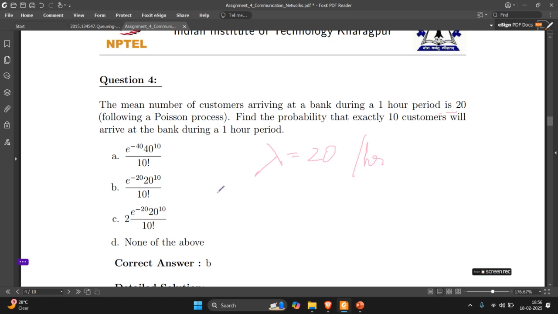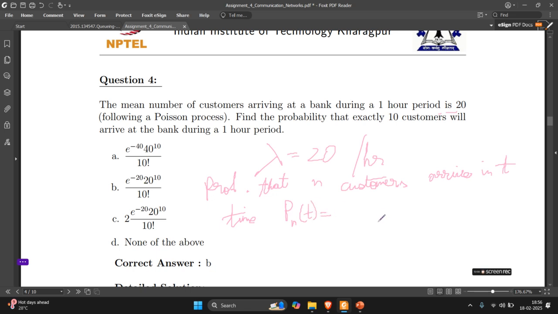Now, the probability that n customers arrive in t time, what is this? This is P n t.